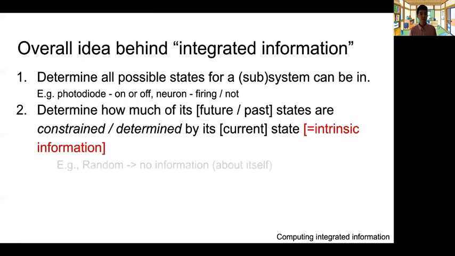For example, if the system's behavior is completely random, and the randomness comes purely from the mechanism of the system, and the system doesn't have any access to this randomness itself, then it can't predict any future, and it doesn't know anything about its past state. So that corresponds to no intrinsic information.